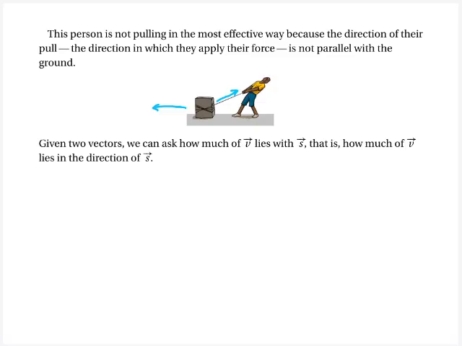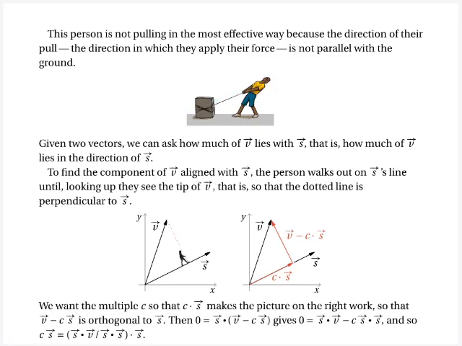So given two vectors, we can ask how much of v lies with s. That is, how much of v lies in the direction of s, or in this case, in the opposite direction. Okay, so here we go. Given a v and an s, we can ask how much of v lies in s, and it's not all of v in this picture.